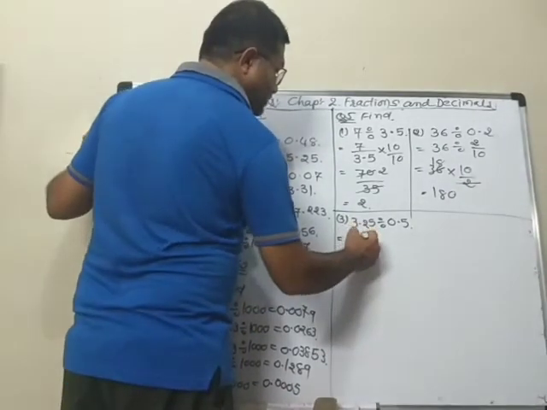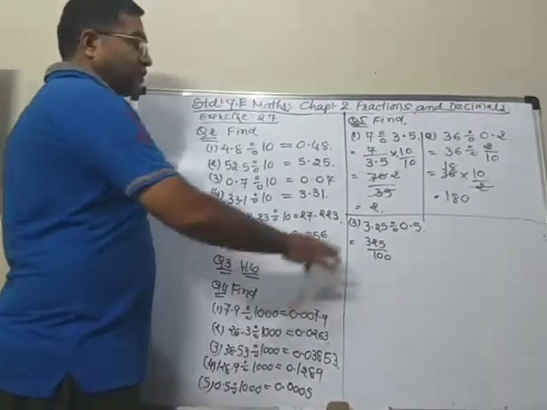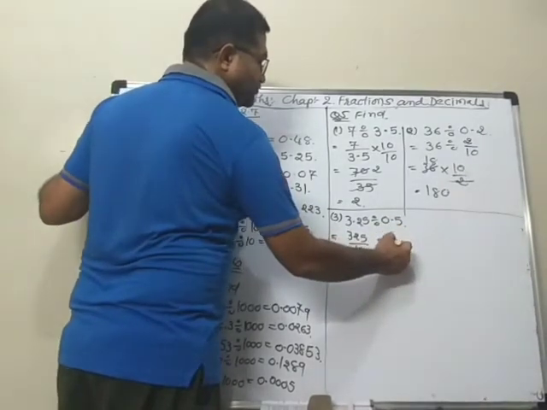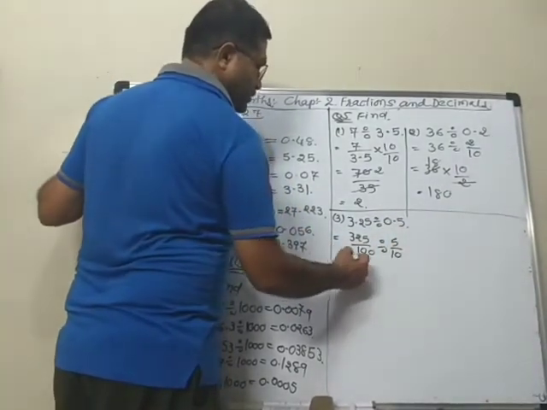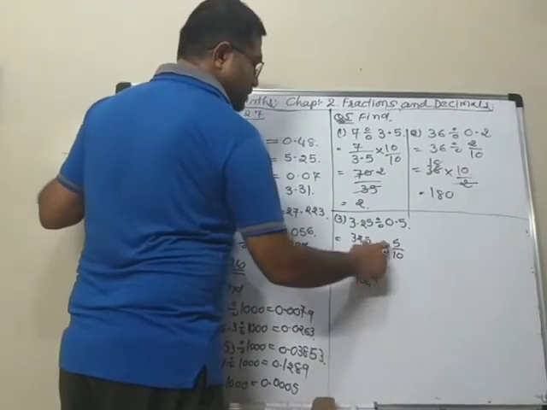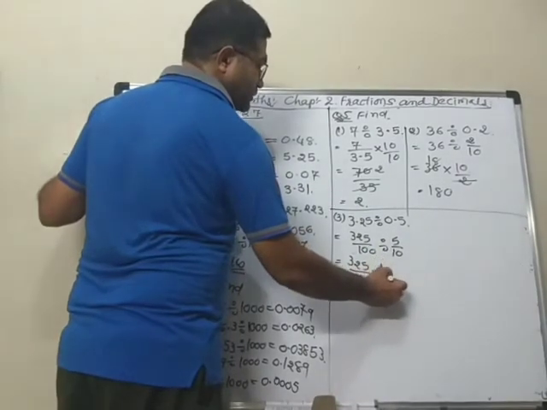The 3.25 means 325 upon 100 because there are two decimal places. Divided by 0.5 means 5 upon 10. So it is equal to 325 upon 100. Division is converted into multiplication, then reciprocal, 10 upon 5.